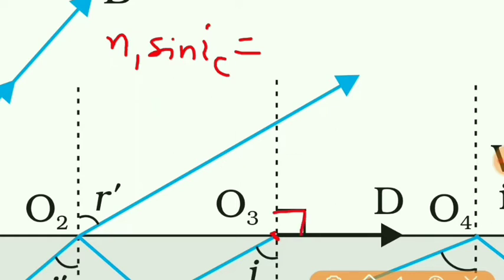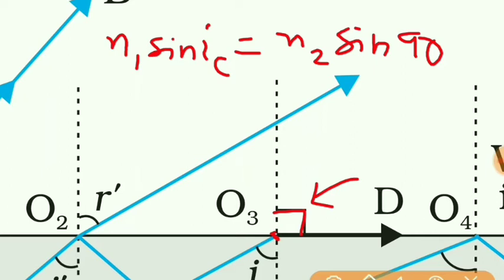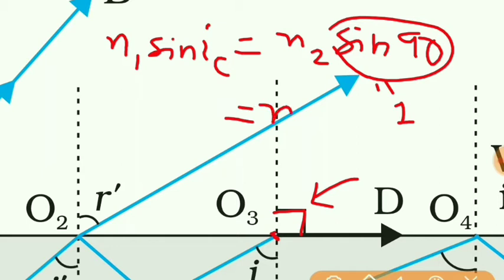It is 90. So it is N2 sine 90. Now sine 90 is equal to 1, and so on the right hand side only N2 remains.